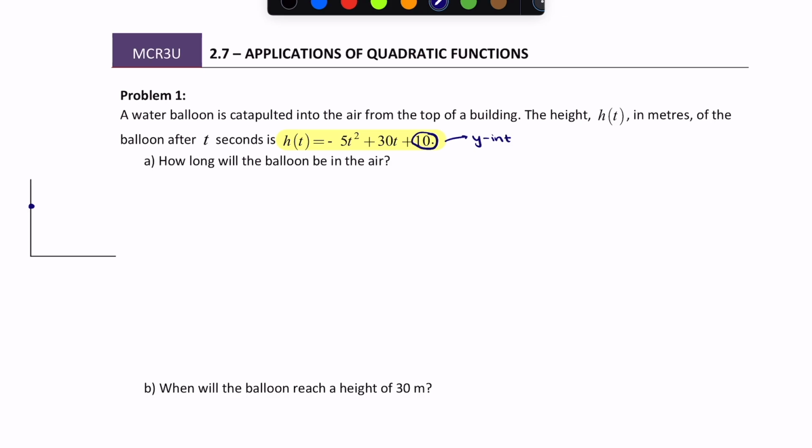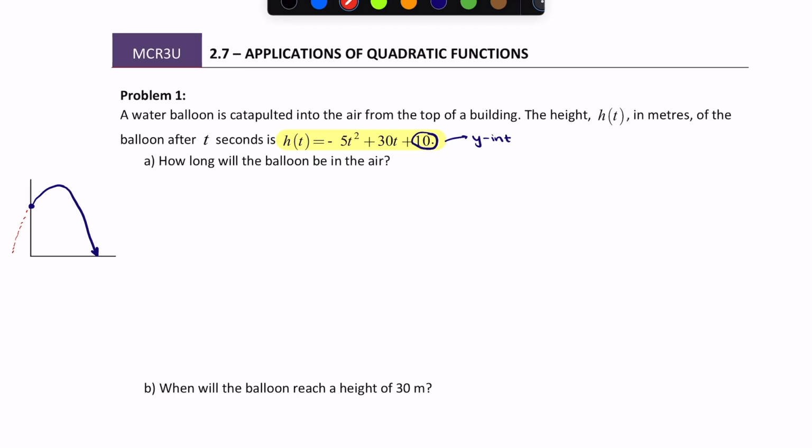And then it will catapult up and then drop down to the bottom. The quadratic would look like that again, but it won't be negative at any point here because there can't be negative time. So here we're only looking at the positive side of the quadratic.